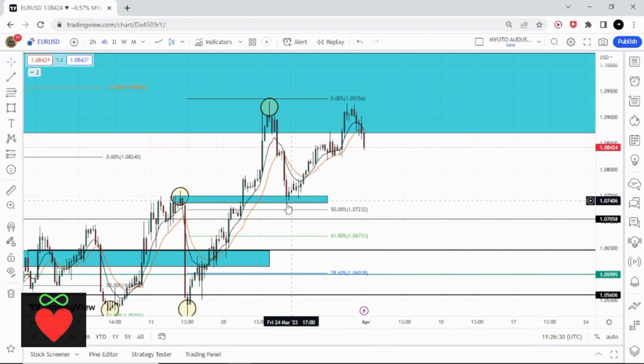It never went below our 50% Fibonacci level. It created this pin bar and continued going upwards. As you can see, price steadily went upwards, finding support on our moving averages here, and eventually we went to 1.0900, where price created a double top.